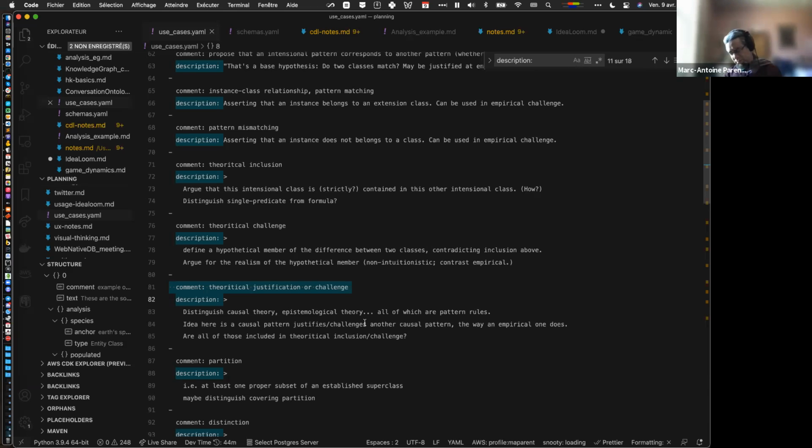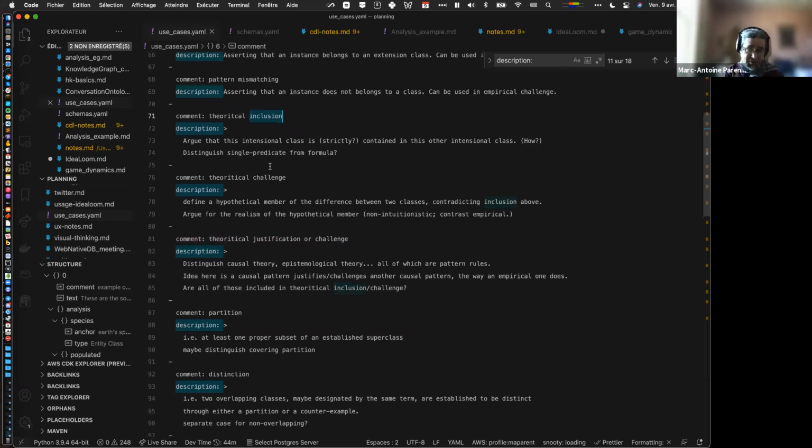I was looking at syllogism cases, when you argue between universals: all x are y, all y are z, hence all x are z. I think a lot of them are about theoretical inclusion and the transitivity thereof. And a lot of arguments about is this valid or not valid, is this relevant, is this not relevant?